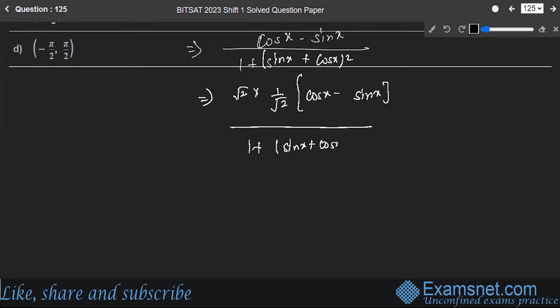Why not changing the denominator? Because this is a positive value, so leave it like that only. I will multiply it with root 2 and 2 like this, so root 2 will be inside, 1 by root 2.